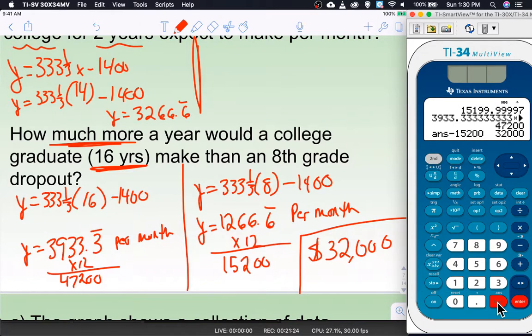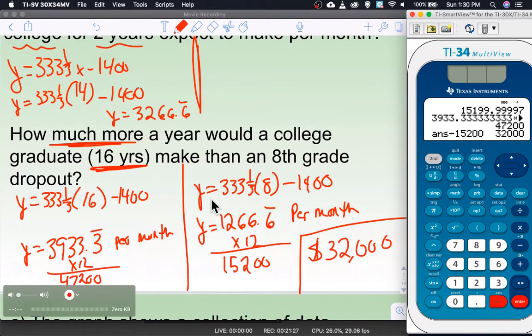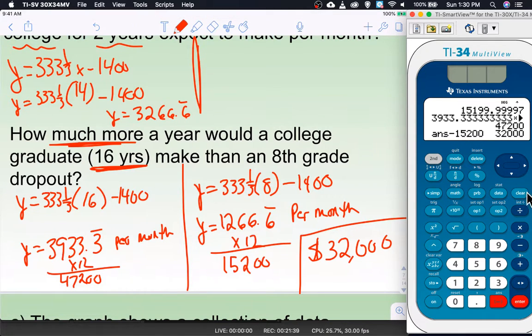And all of that information we got from our equation. Once we knew the equation of the line, we could then plug in whatever number we want in here for our years, and it'll tell us how much money they make. We want to know how much money a doctor would make? Somebody who went to college for 8 years. I could figure that out. 333 times, 8 years past 12 would be 20 years of education.